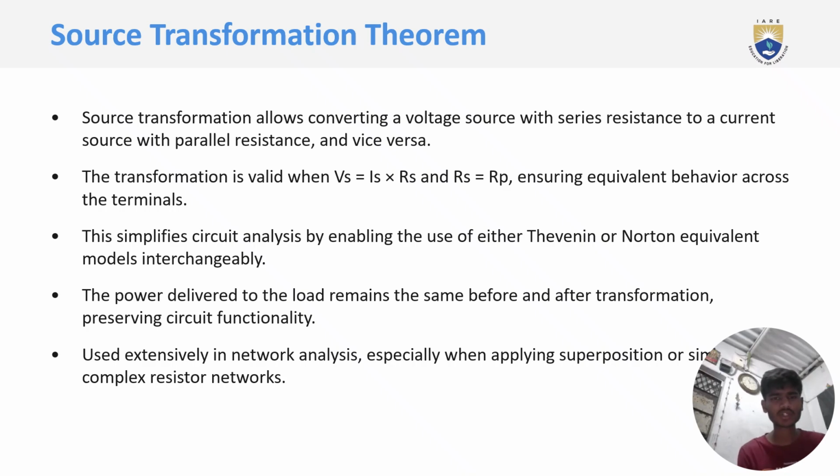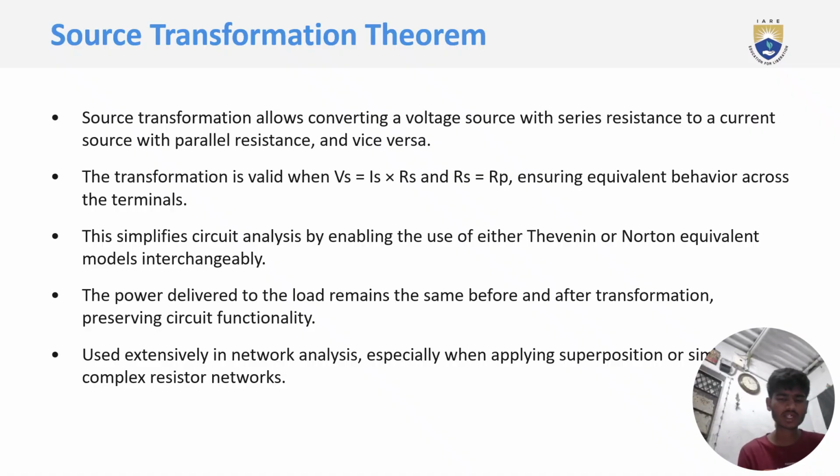Source transformation theorem. Source transformation allows converting a voltage source with series resistance to a current source with parallel resistance and vice versa. The transformation is valid when Vs equals Is times Rs and Rs equals Rp, ensuring equivalent behavior across the terminals.